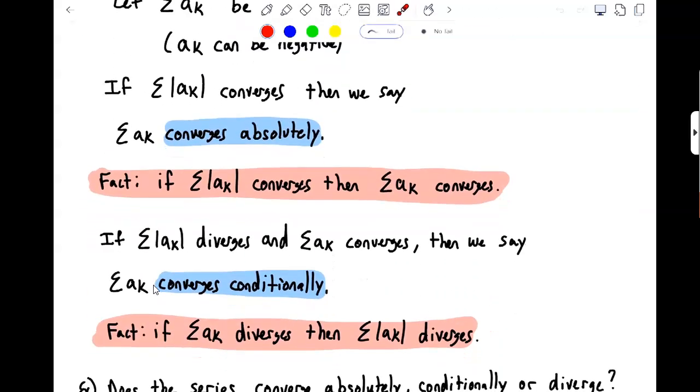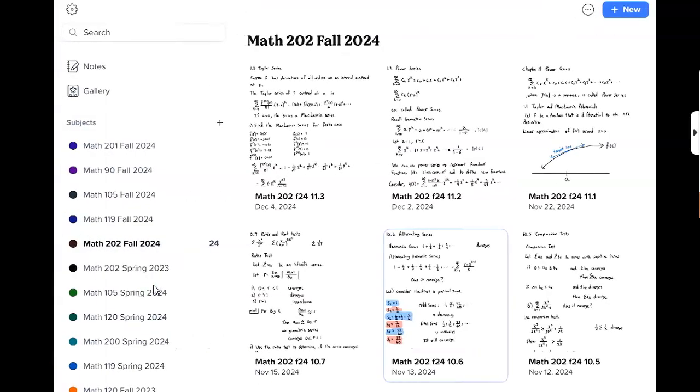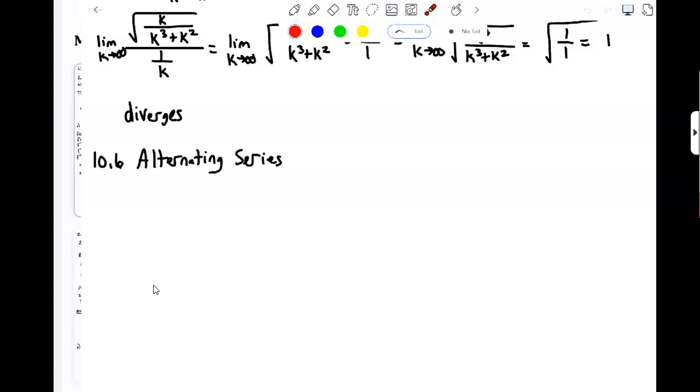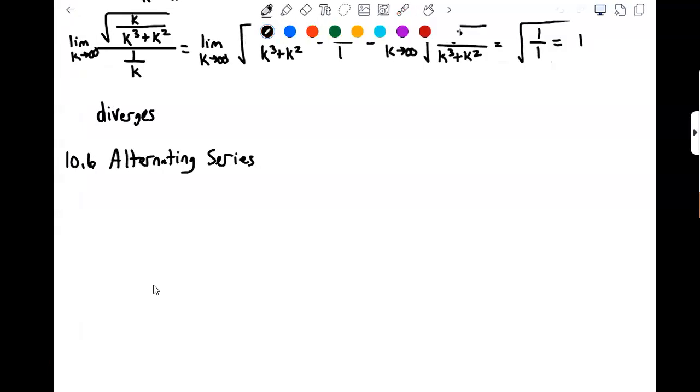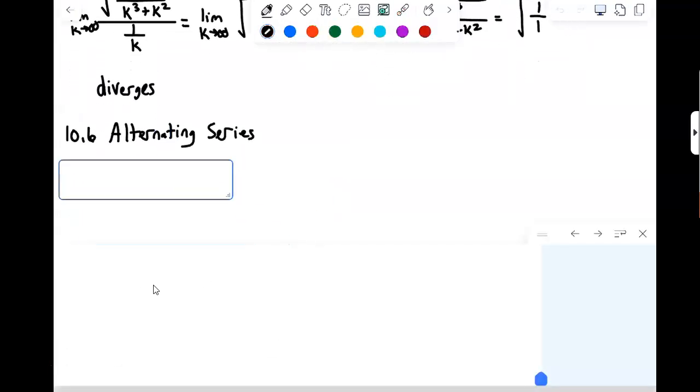So if the absolute value converges, we say it converges absolutely. If the absolute value doesn't converge, yet the signed series does converge, then we say it's conditionally convergent. So you'll be checking through those two possibilities as well, absolute and conditional convergence.